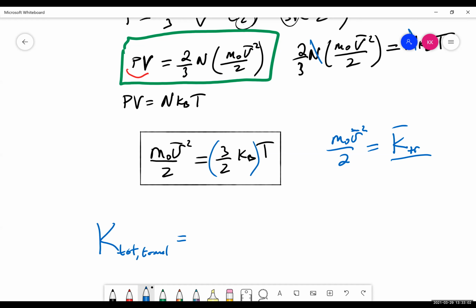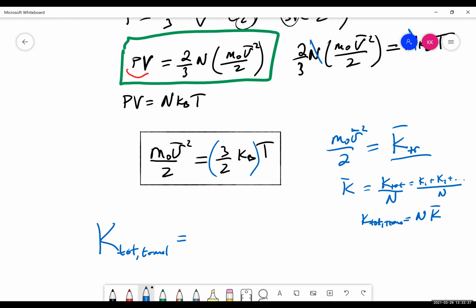This average is basically the total kinetic energy divided by the number of molecules, which is the kinetic energy of particle 1, plus kinetic energy of particle 2, and so on, divided by n, the number of molecules. That means the total translational kinetic energy equals n times your average kinetic energy.